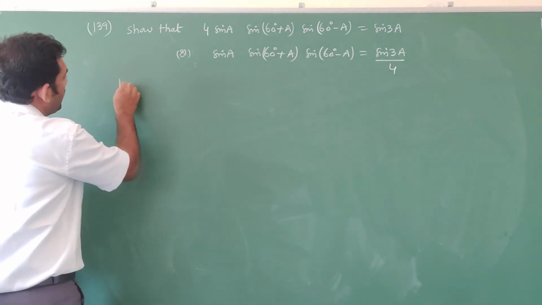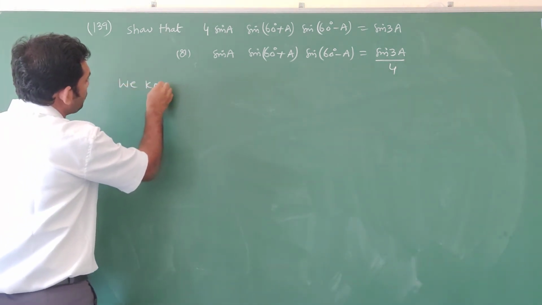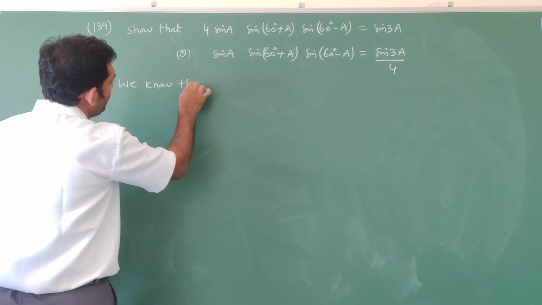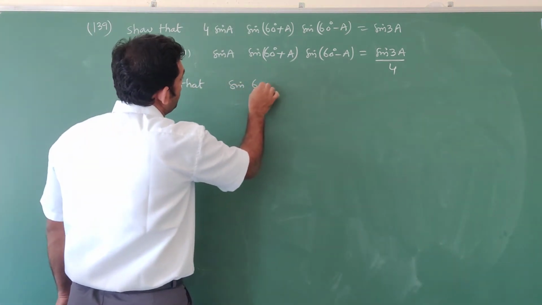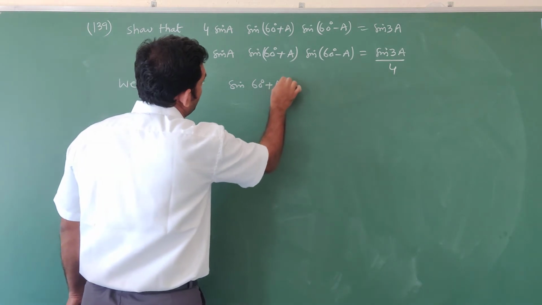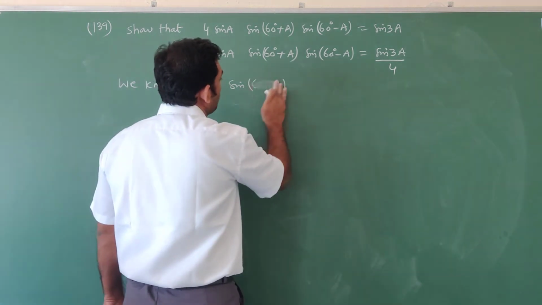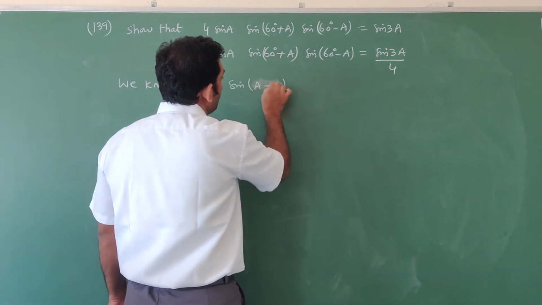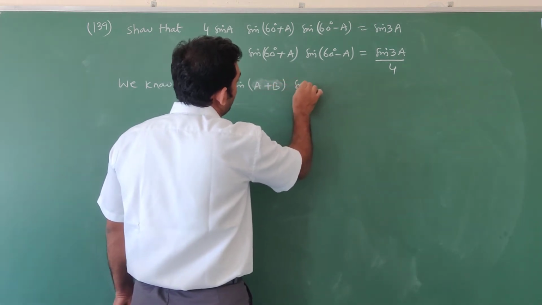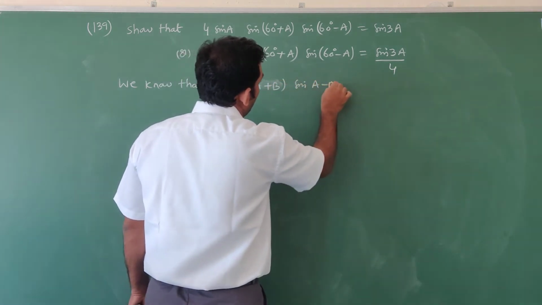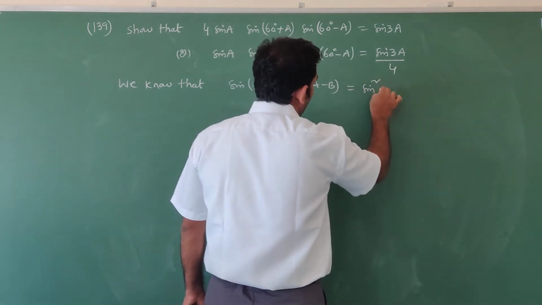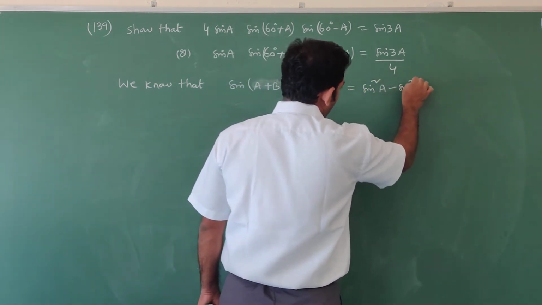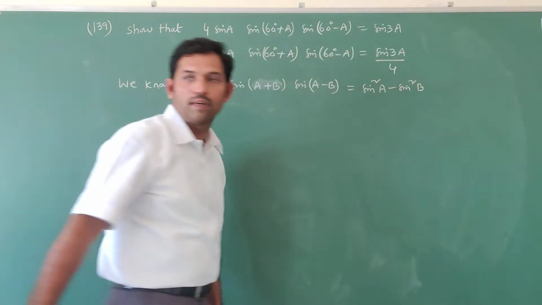So we know that sin A plus B sin A minus B is equal to sin square A minus sin square B. We know this formula.